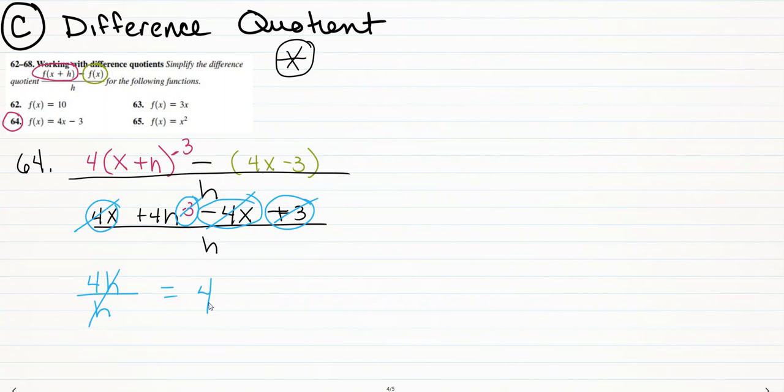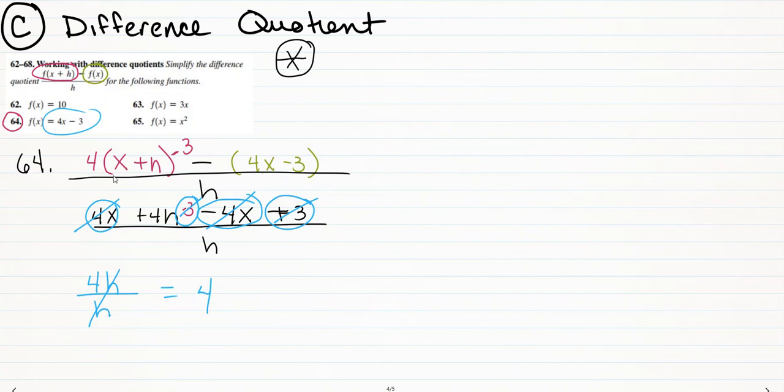Now I apologize for this error I made here. Let me go back and make sure everyone follows what happened. When we did f of x plus h, I replaced the x with the x plus h, but we've got to keep the whole piece, so that 4x plus h minus 3.